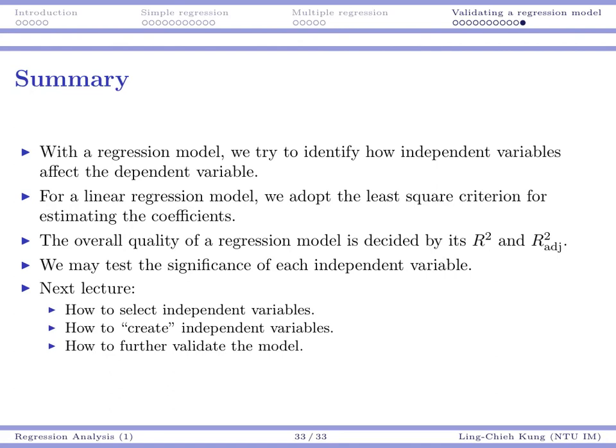We will also see some examples where, based on our current independent variables, we need to create new independent variables. That's going to greatly enhance the quality of our regression model. And finally, if we have time, we will probably talk about some more about how to validate the model.